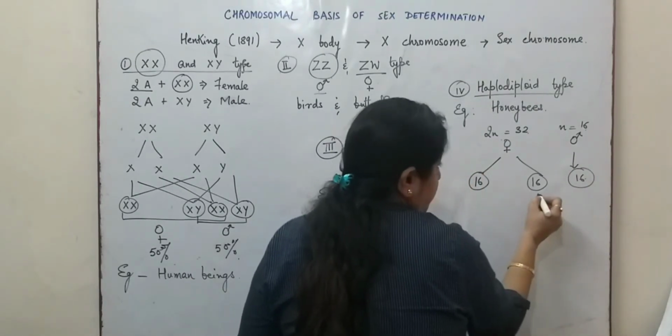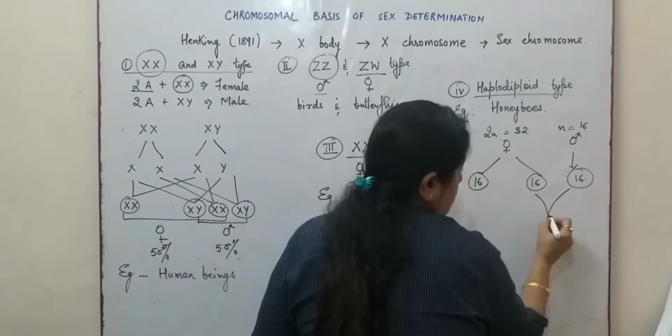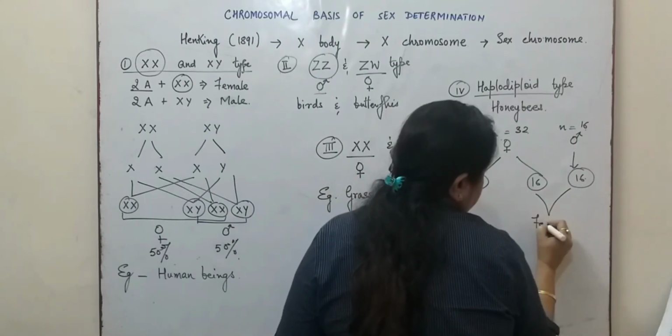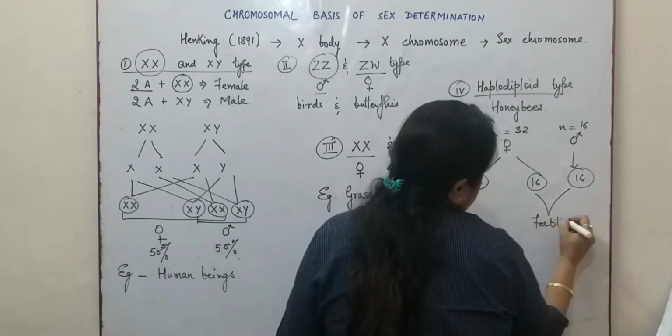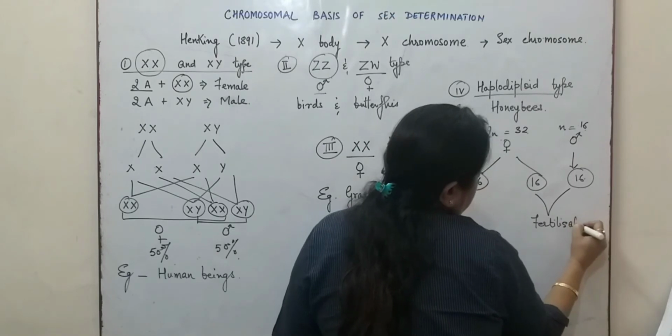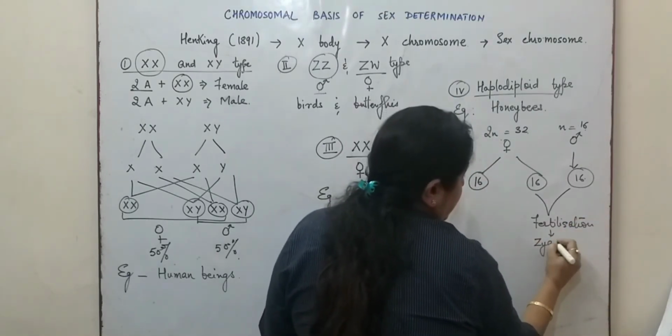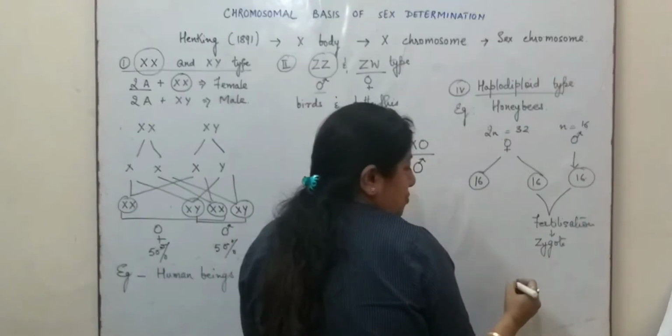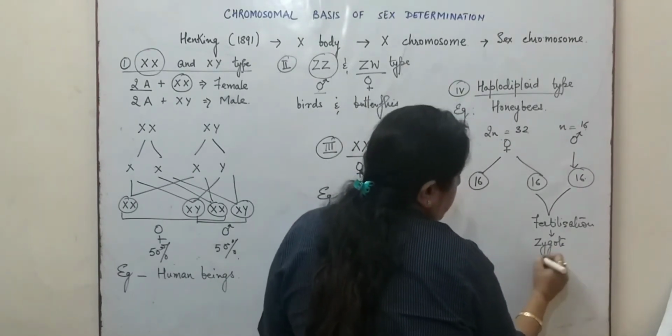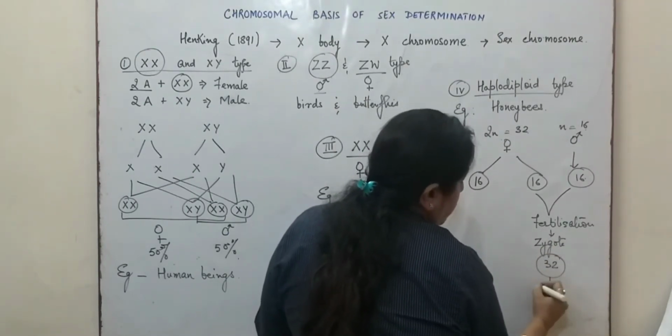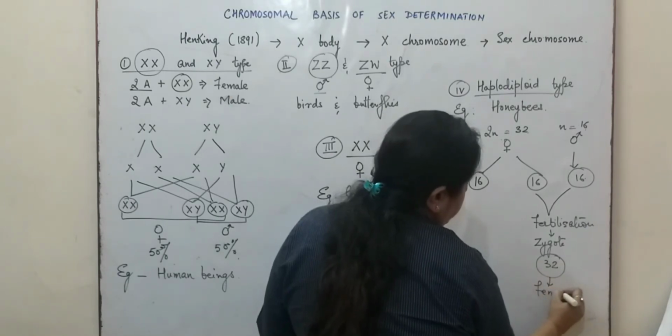If fertilization takes place normally, it will result in the formation of a zygote with 32 chromosomes, and this will develop as a female.